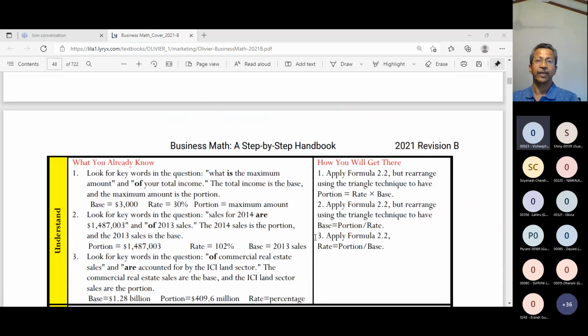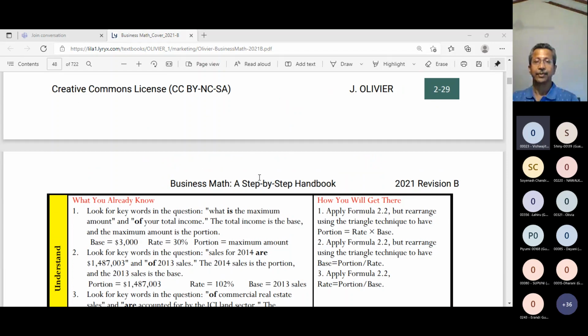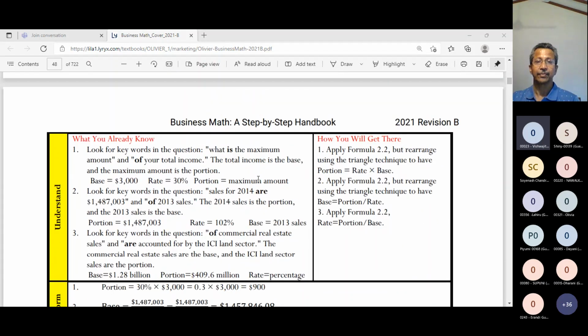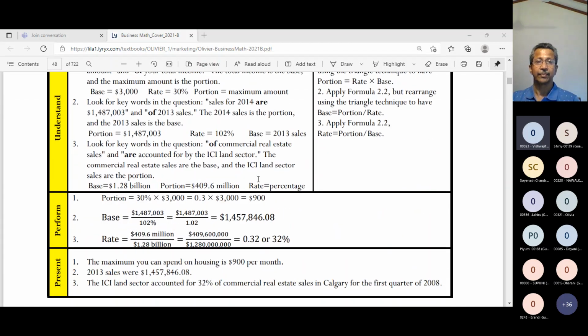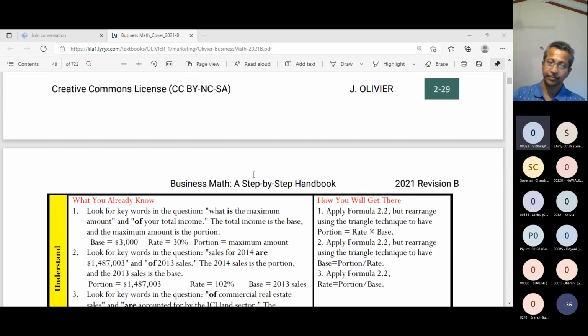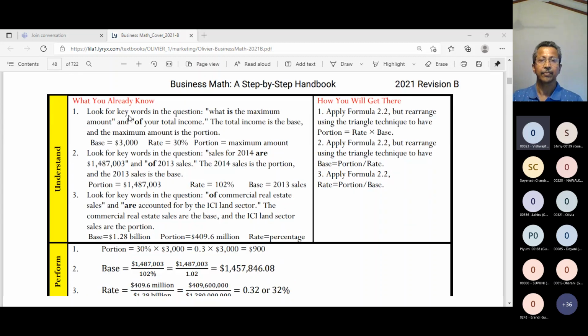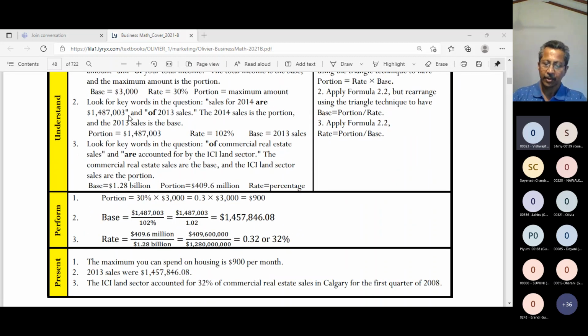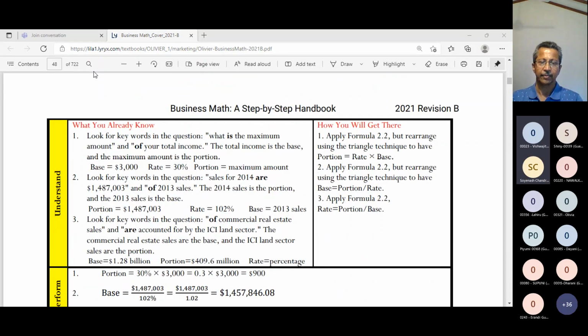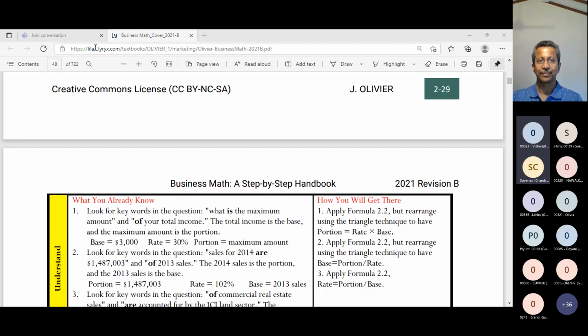By the way, where is Calgary? Calgary is a city in Canada.